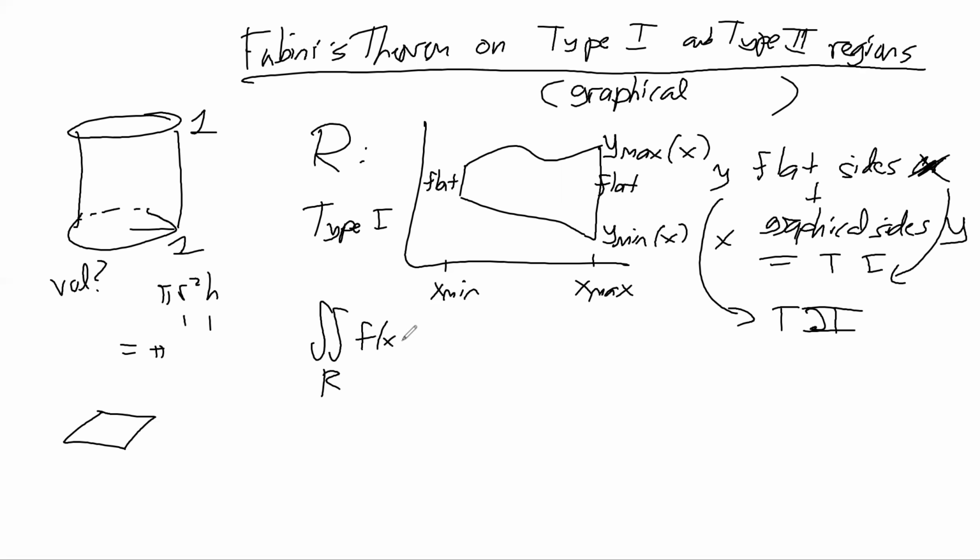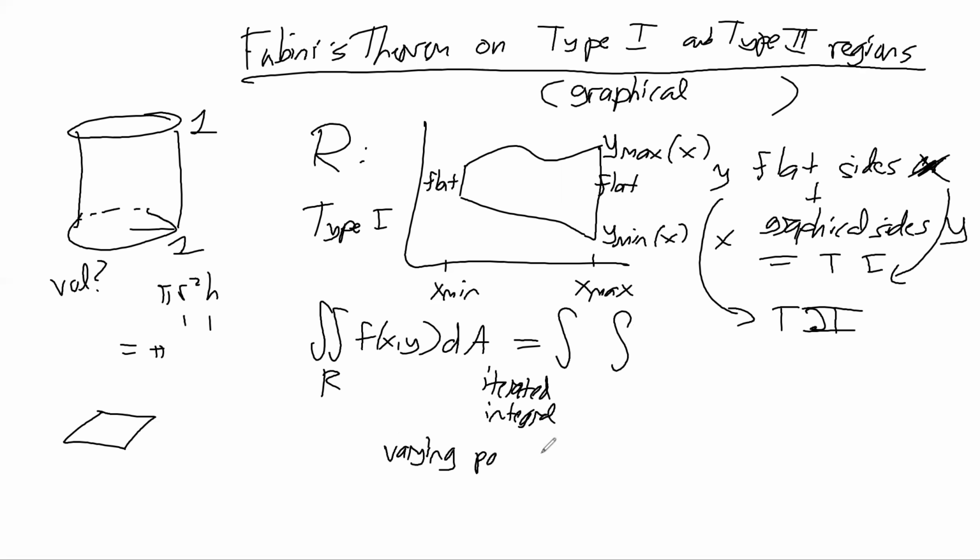So let me just say what you can do within this situation. If you start off with your double integral, you can write it again as an iterated integral. And the key, you have to put the varying part inside. So the varying part is y in this example. So I will put the y here and I'll put the x here.